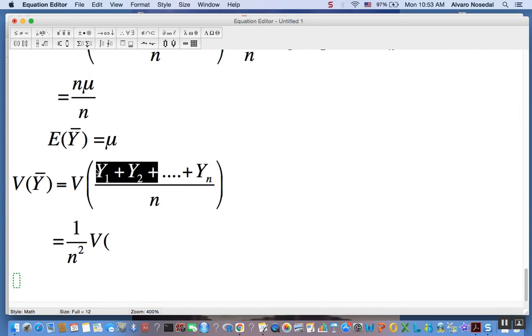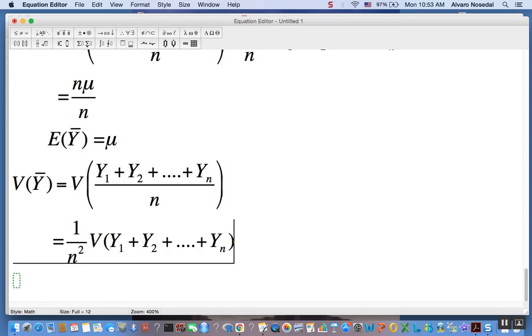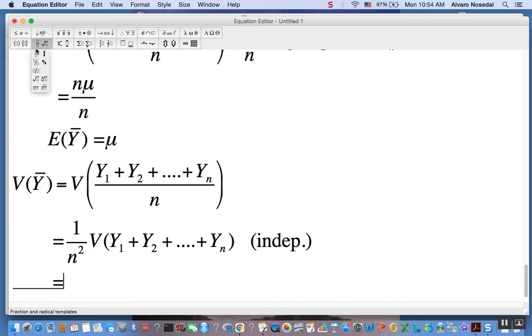Now these guys, y1, y2 up to yn, will be independent. We will have independence between our observations, and that will be very useful because then the variance of a sum of independent random variables is the sum of variances, right? We know that from sta360. So what we end up with here is n times the variance divided by n squared, right?